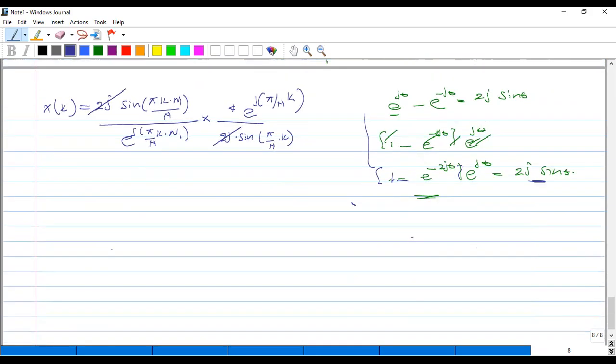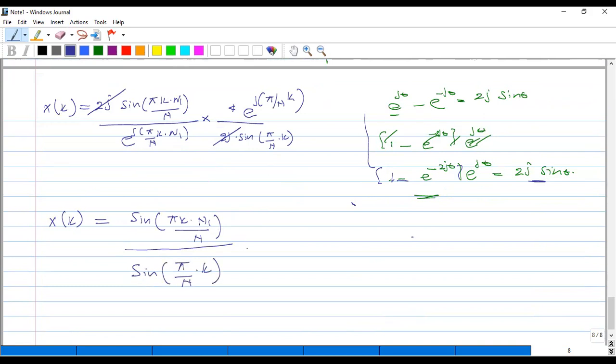You can keep that, the 2j cancels out. So xk we will have sine 5k n1 n divided by sine 5nk.